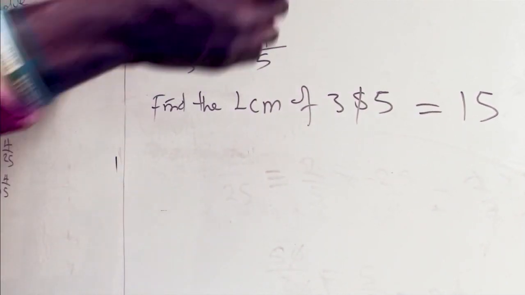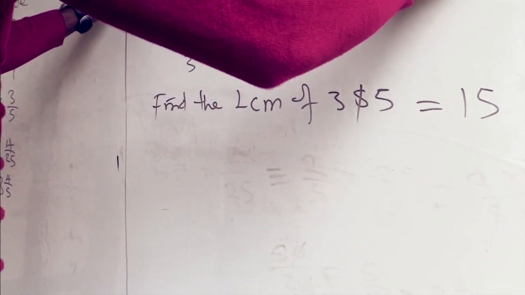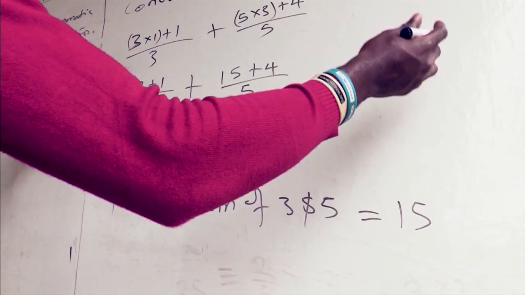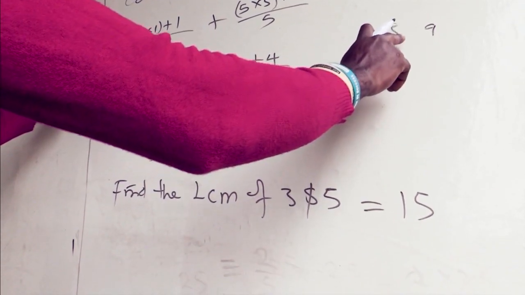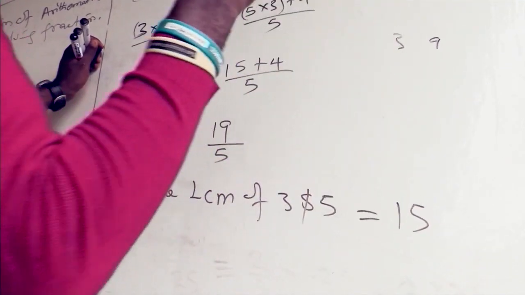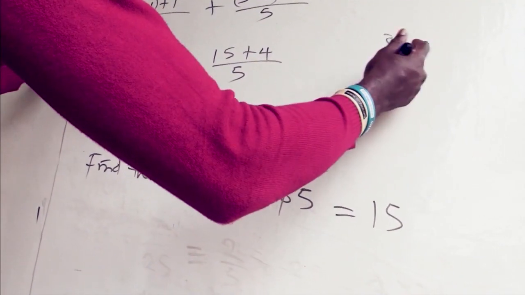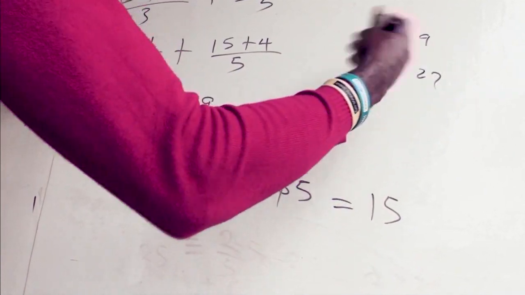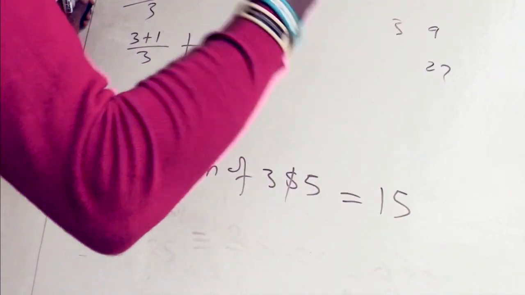So in the case where you have 3 and 9, you know that the LCM of 3 and 9 is 9. But in case you can't think that fast, you look for a common multiple of 3 and 9, which can be 3 multiplied by 9, which is 27. So you can use 27, but you can also use 9.